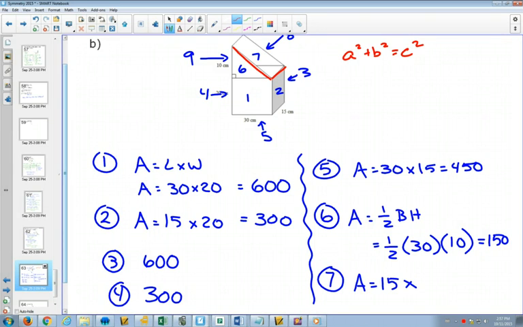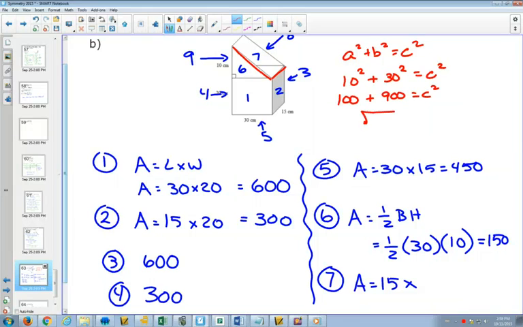And we have to remember that which side, A, B, or C, is the longest? The longest side is C. So the one that we don't know is C. We know A, that's 10. We know B, because this length on the bottom is the same as that at the bottom there, which is 30. 10 times 10 is 100. 30 times 30 is 900.